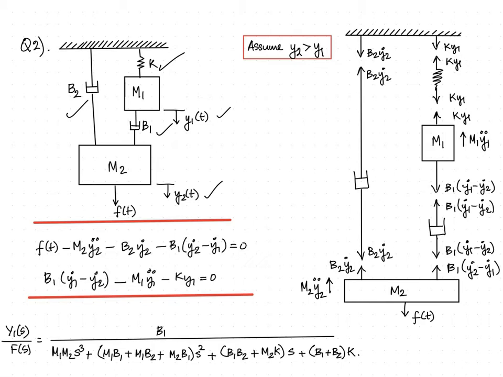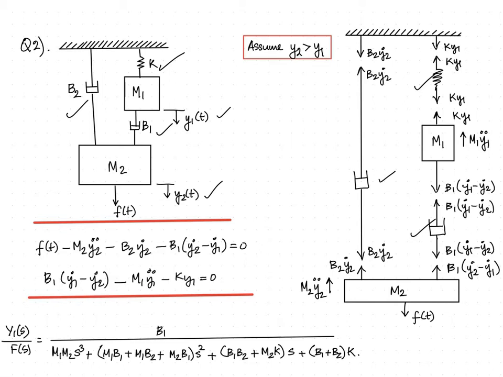So, while drawing the free body diagram, once you mark the directions of the forces on the elements, we should check whether the spring and the dampers are experiencing either compression or tension. It is clear that the spring is experiencing a tension, the dampers are also experiencing tensions.